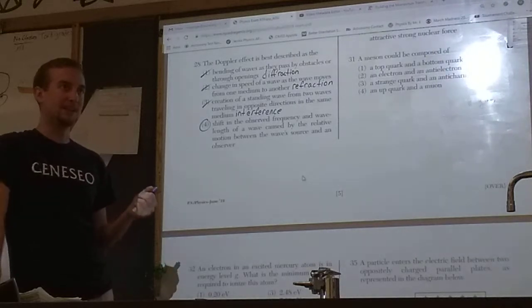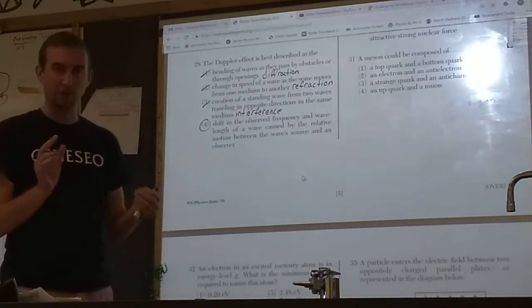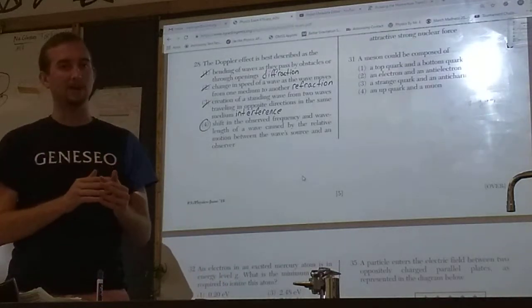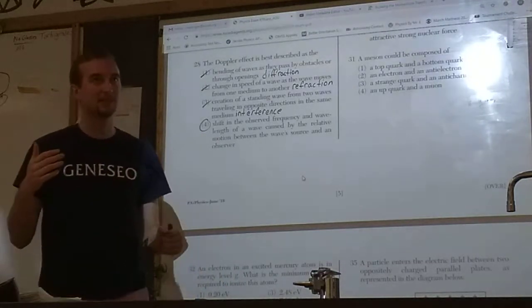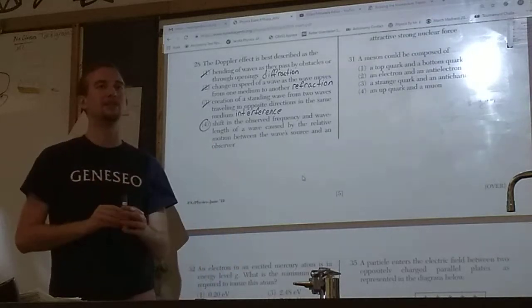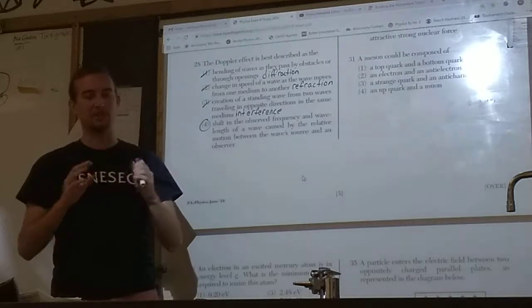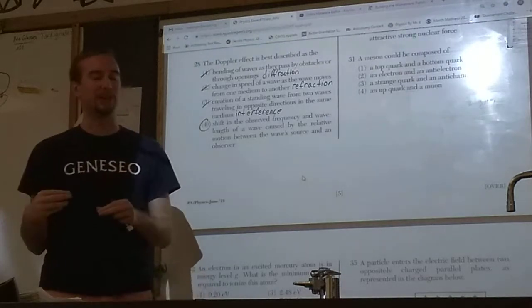What happens is, as the ambulance is coming towards you, it's creating these sound waves, but these sound waves are not allowed to spread out as far as they would if the ambulance was stationary. They're kind of scrunched because the ambulance is moving, it's trying to catch up to the sound waves.